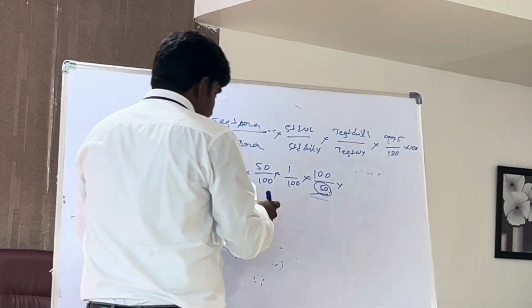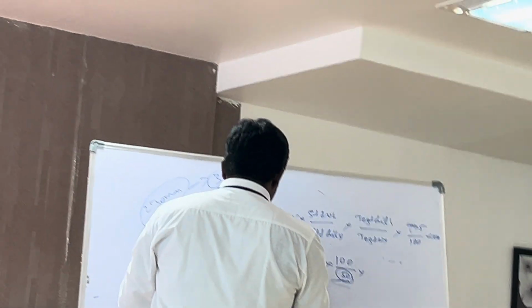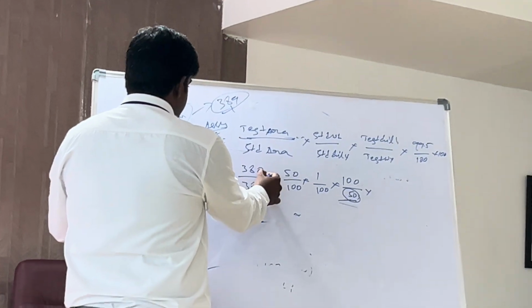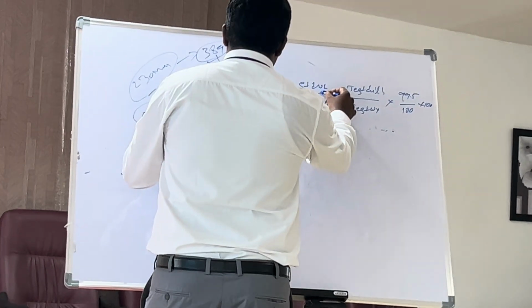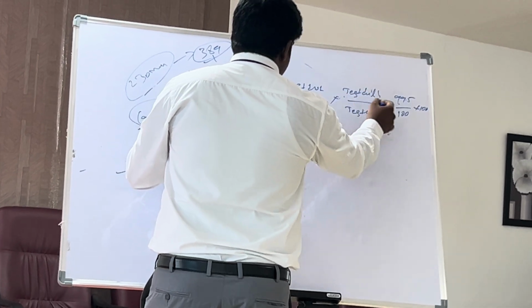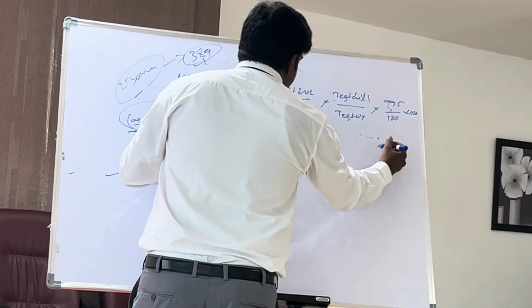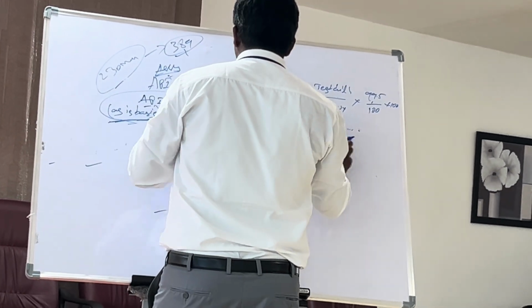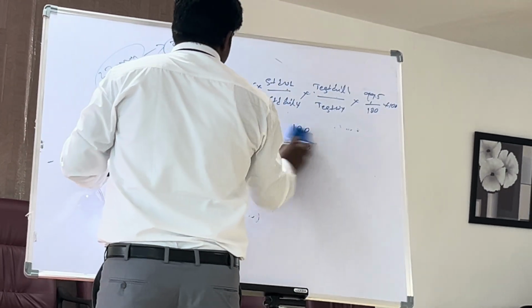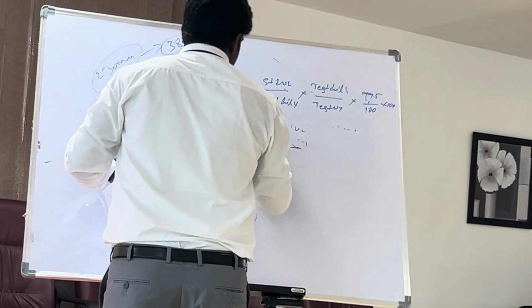So in this test solution: purity of the standard, test area, test dilutions, standard weight, purity of the standard into average weight. If API, everything is same, simply you need to add average weight.